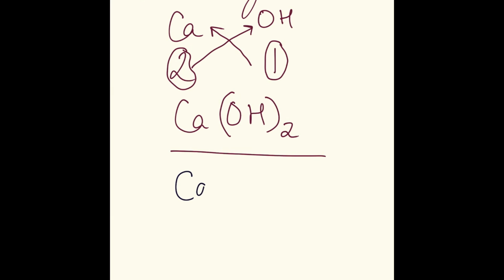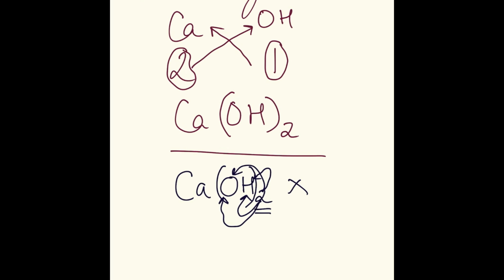If I write my formula like CaOH2, then this will be considered wrong because this 2 is equally distributed between hydrogen and oxygen. That means oxygen is also 2 and hydrogen is also 2. To avoid this, I have to put a bracket. That's why I put a bracket. But if the valencies get cancelled out, we don't have to put a bracket.